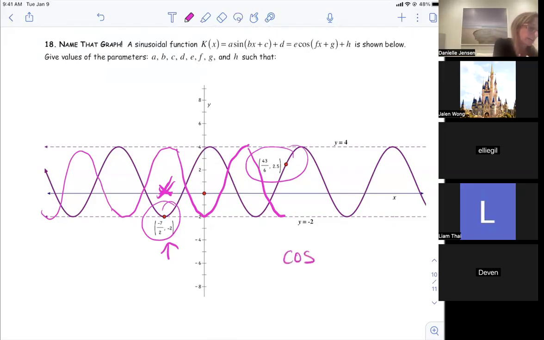It's a cosine graph. What was the amplitude here? One, two, three, four. The amplitude was three, I think. So y equals -3 cosine. I don't know the B value yet, but I do know after I've dealt with the period change, I'm shifting it to the left 7/2 like that.